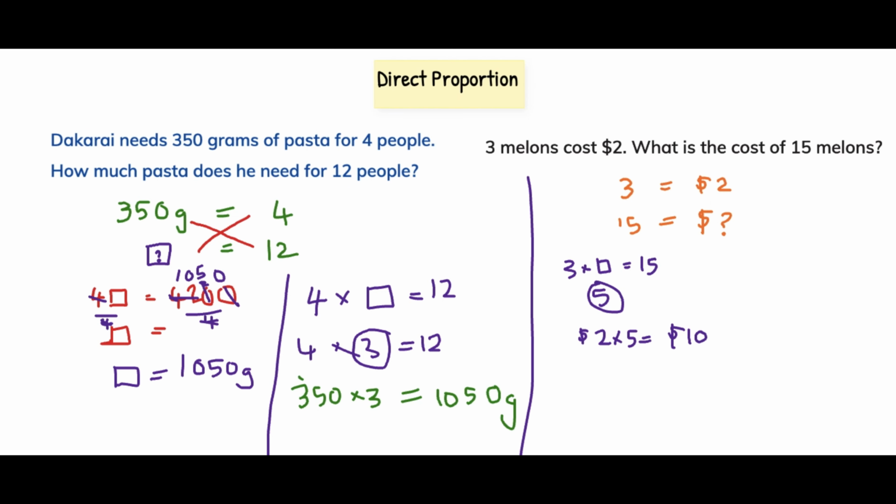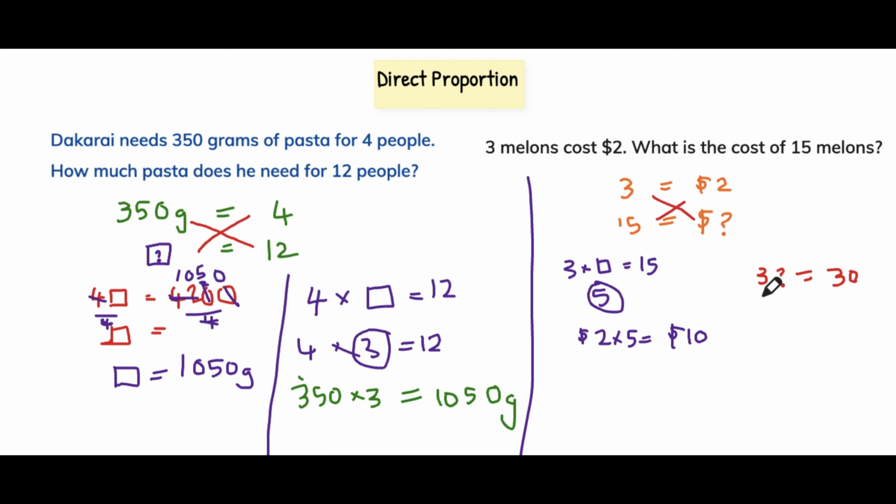Cool. Let's use the other method. The other method is cross multiply. That is 3 times unknown, just gonna put a question mark, equals 2 times 15. 2 times 15 being 30.